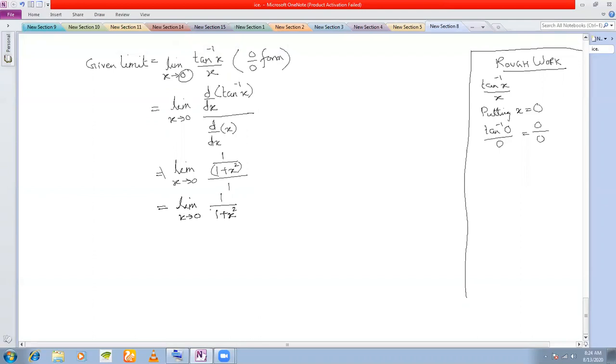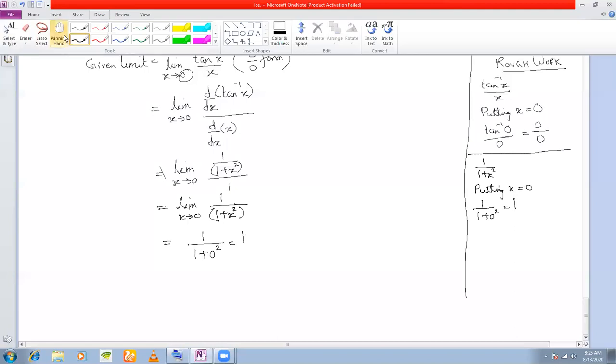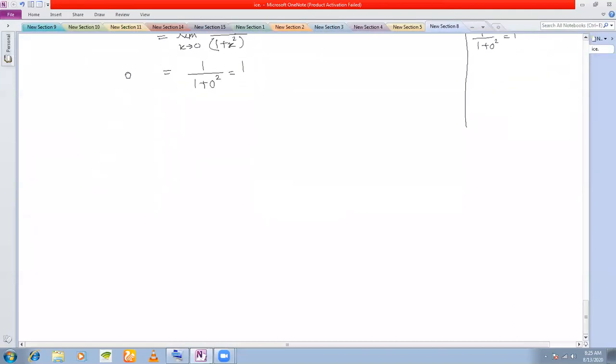Now you check once again, putting x equal to 0. What do you get? 1 by 1 plus 0 squared, which is equal to 1. So you're getting a determinate form here. That is the value of your limit, which is equal to 1. Understood? Any problems? Let us see the next one.